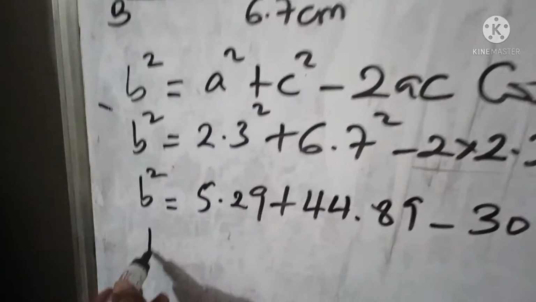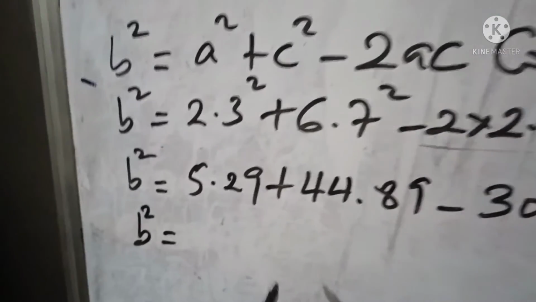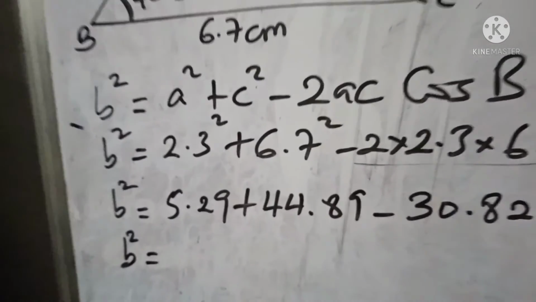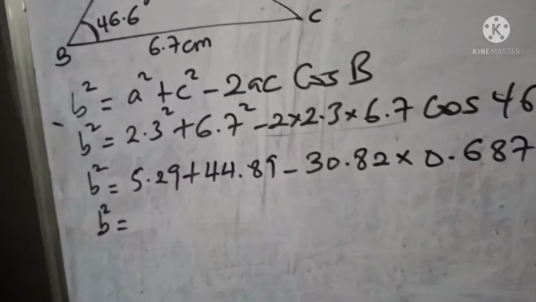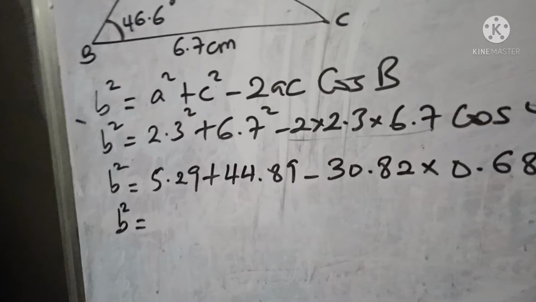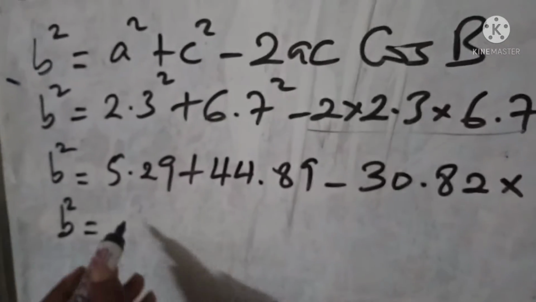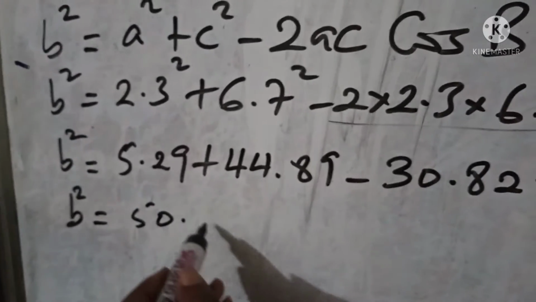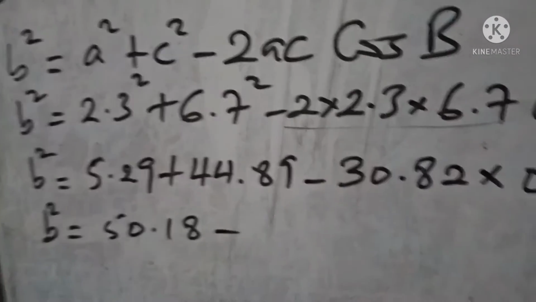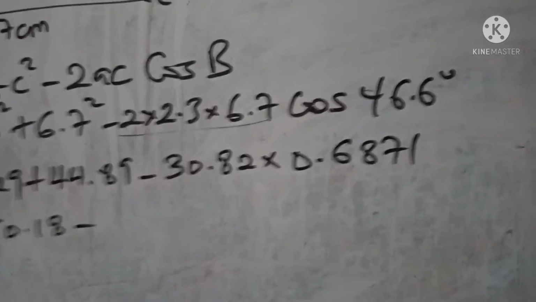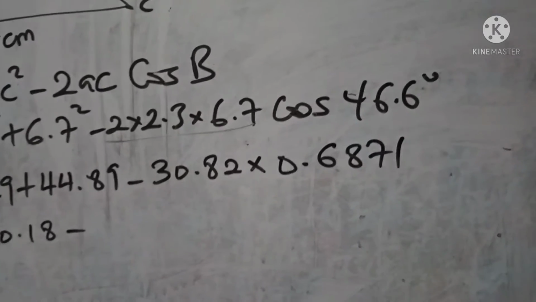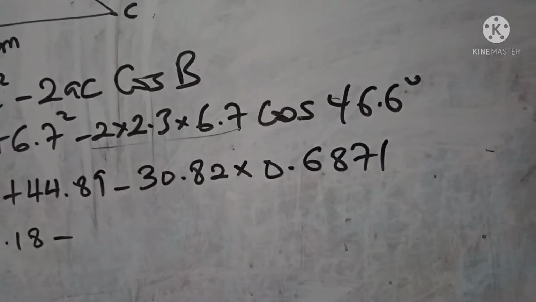Now B square will be equal to, add 5.29 to 44.89. Adding the two together, we have 50.18. Minus, now multiply 30.82 and 0.6871.